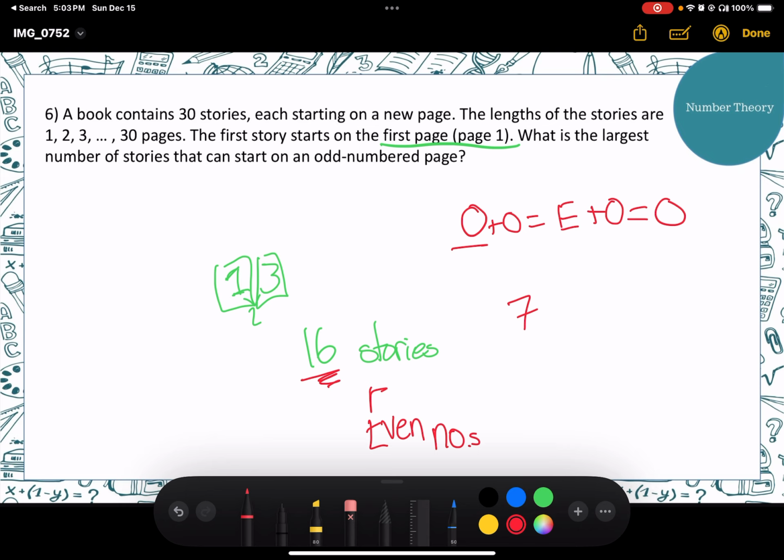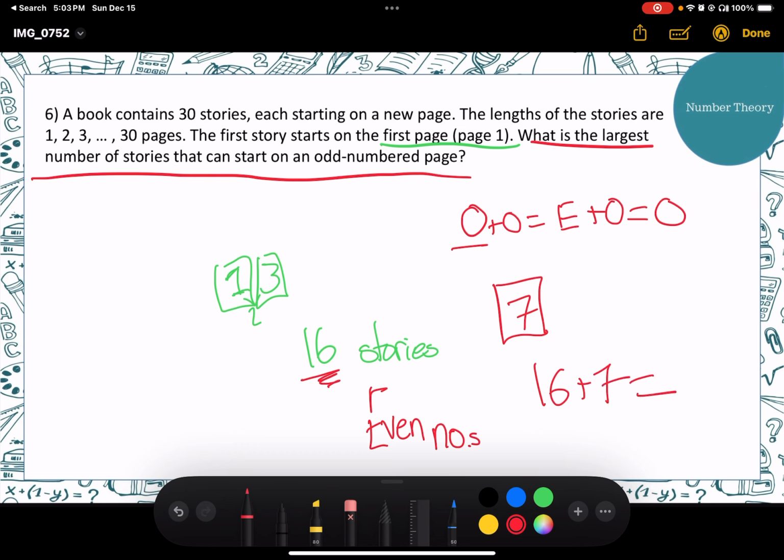And now you have 14 odd numbers left. And so 7 of them are going to make the story start on odd numbers. So that way we know that 7 of the odd numbers are gonna make the largest number of stories that start on an odd numbered page. So we can just use 16 plus 7 equals 23. So 23 is the final answer.